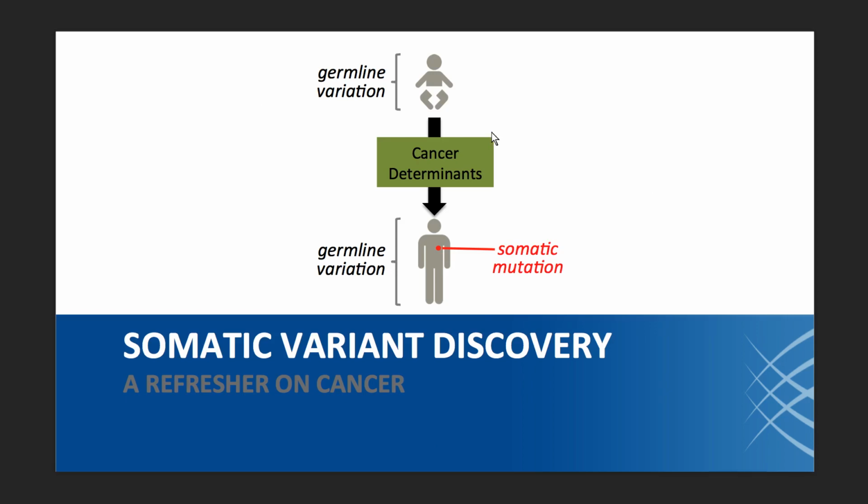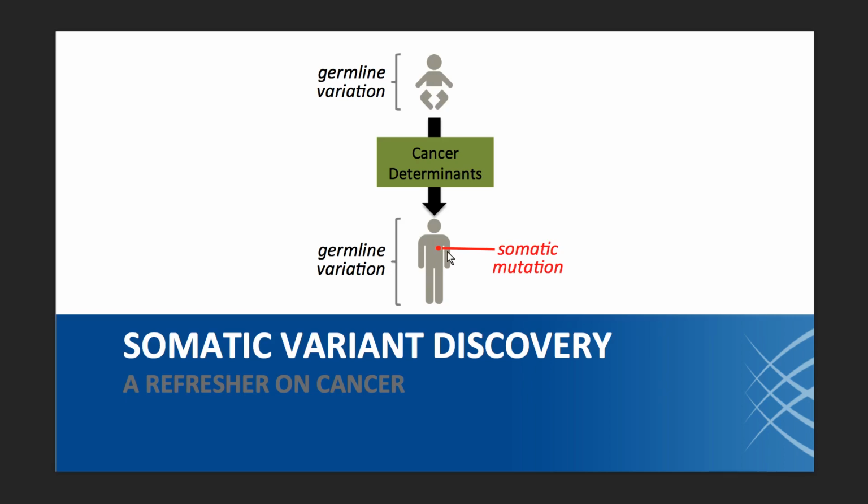So each of us is born with our germline variation, and as we age, we accumulate somatic mutations from sun exposure, from smoking, from errors in DNA replication and repair. And some of these somatic mutations can turn malignant and cause cancer.